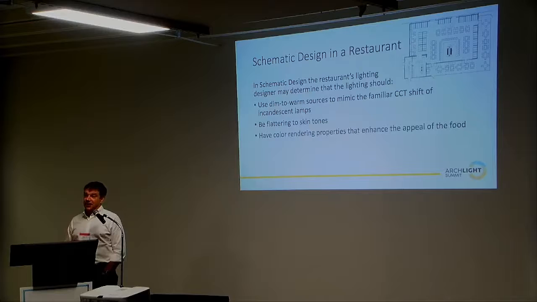In this restaurant, at $100 a plate, the food had better look beautiful too. Okay, so with these three ideas about what color rendering should do for our project, what might we decide? Is this a project where we're going to prioritize preference, vividness, or fidelity?